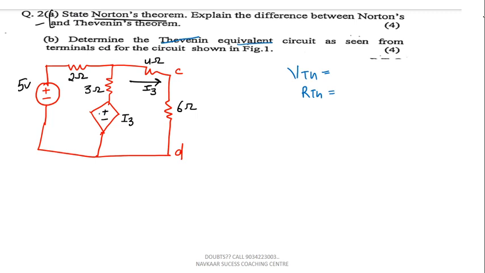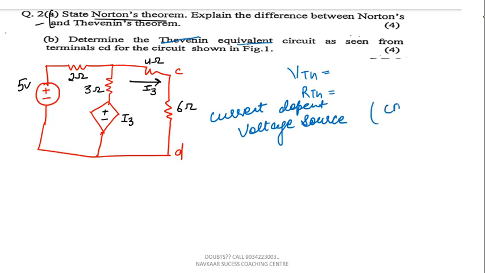Here they have given positive and negative signs, it means it is a voltage source, and it depends on the value of current. So it is a current dependent voltage source, CDVS.